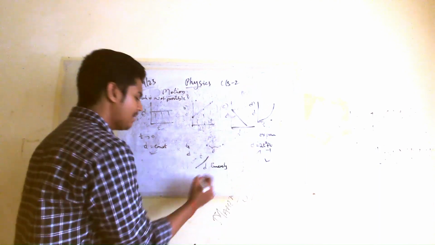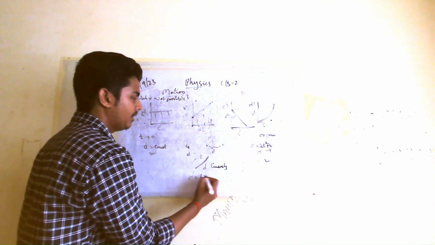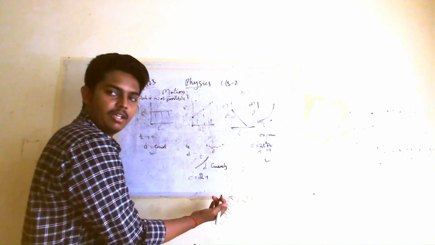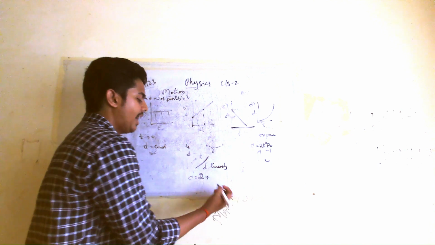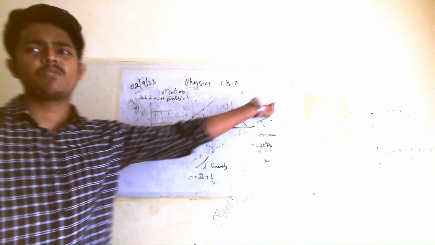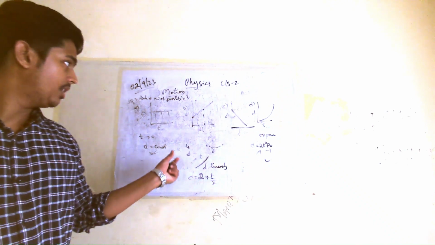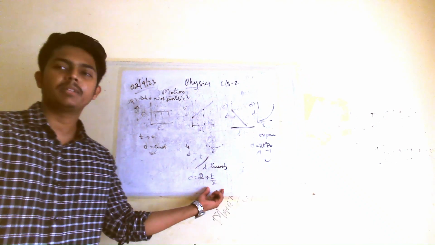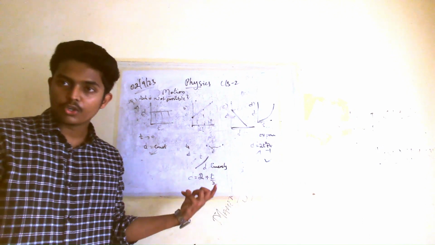Yes, it can be distance is equal to some fixed distance, let it be 2 meters, plus t by 2 etc. That means it is moving with a constant change, moving linearly. So this can also happen.